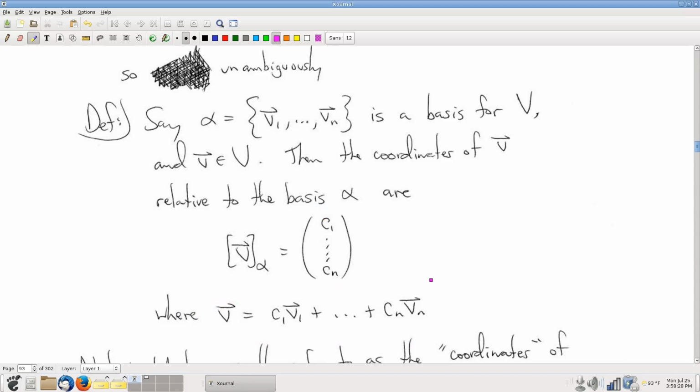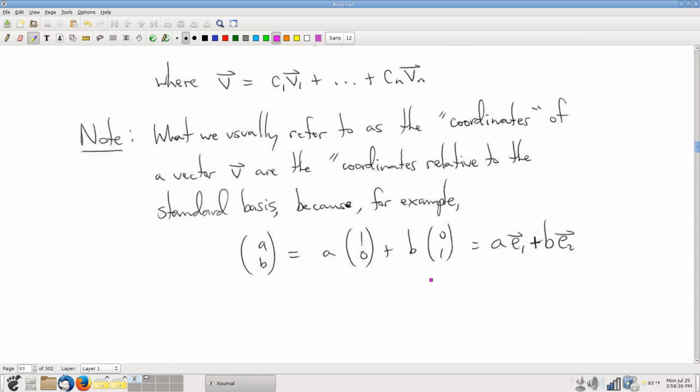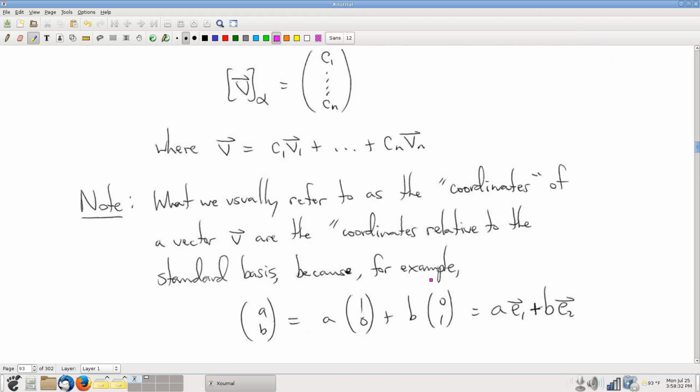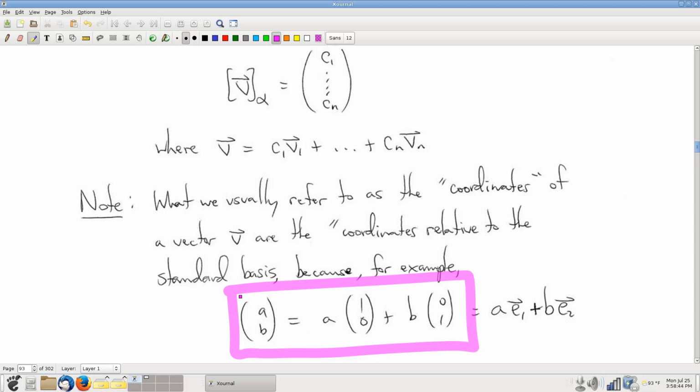Okay. All right. So we can see now the other half of the reason why we call the standard basis vectors the standard basis vectors. Because look at this equation. Now this is old news. We've made the observation before that curiously the vector AB, when you write it as a linear combination of 1, 0, and 0, 1, those coefficients are AB.